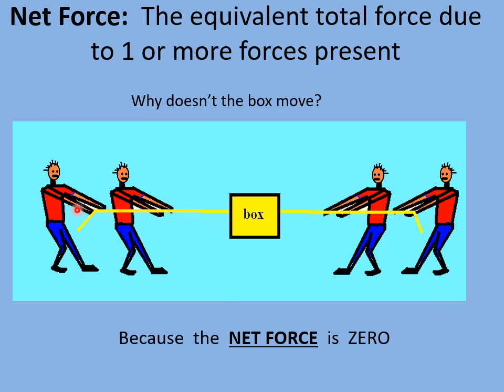So they are producing a force to the left. On the other hand, these two guys over here are obviously pulling the box to the right. And since they are all pulling with the same amount of force, when we add up their forces, the force of these two guys is canceled by the force of these two guys. This means the net force is zero.